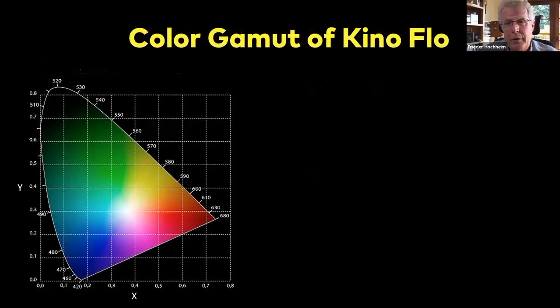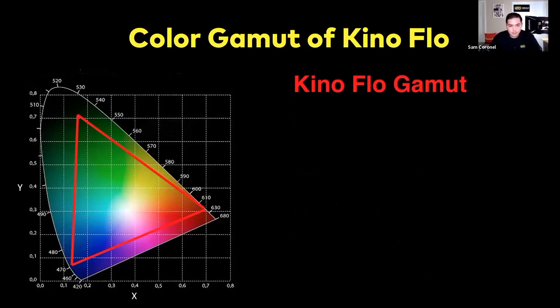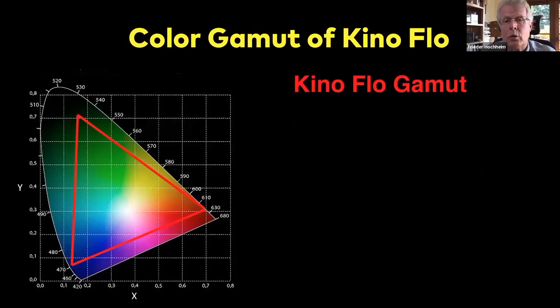Our gamut, the Kino Flos have a gamut, and that's defined by the colors that we choose to work with. So we're dealing with red, green, blue. Those are defined by those color points, and by two white spectrums, 2700 and 6500. And any colors that we can reproduce are going to be reproduced within that space.